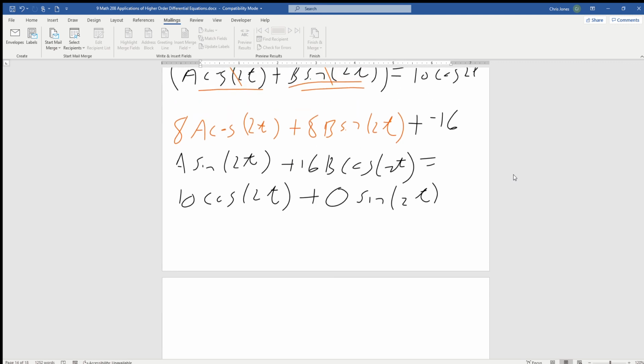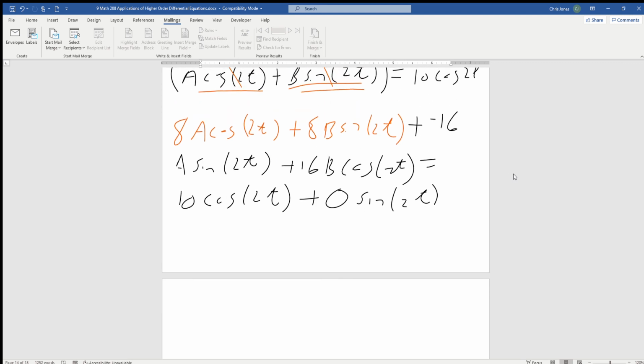Now, as bad as that is, it does get a little bit better. We're just looking at the coefficients. We have an 8a cos and a 16b cos. So one equation we can get from the system is that 8a plus 16b, which are the coefficients of cosine, are going to be equal to 10, which is the coefficient of cosine on the right-hand side.